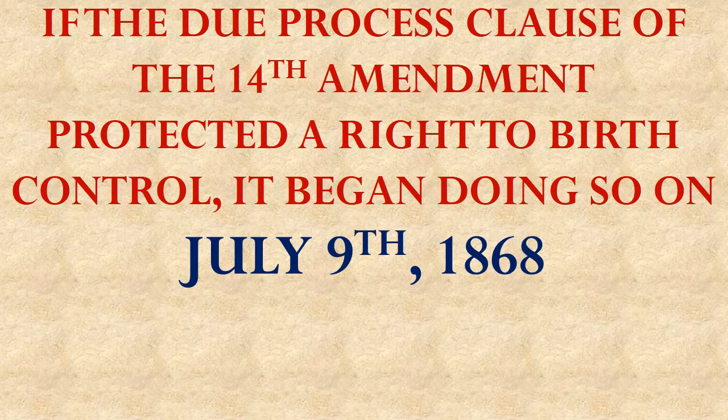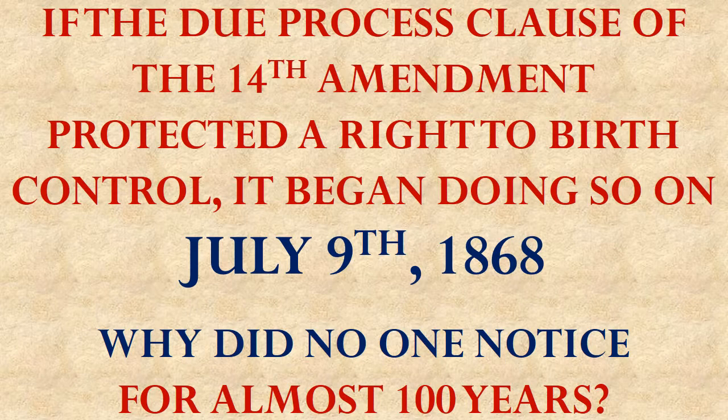They're finding this right to privacy, which includes a right to birth control, in the 14th Amendment's Due Process Clause. But the 14th Amendment was added to the Constitution on July 9th, 1868. Yet somehow, this right to birth control was not noticed for almost 100 years.